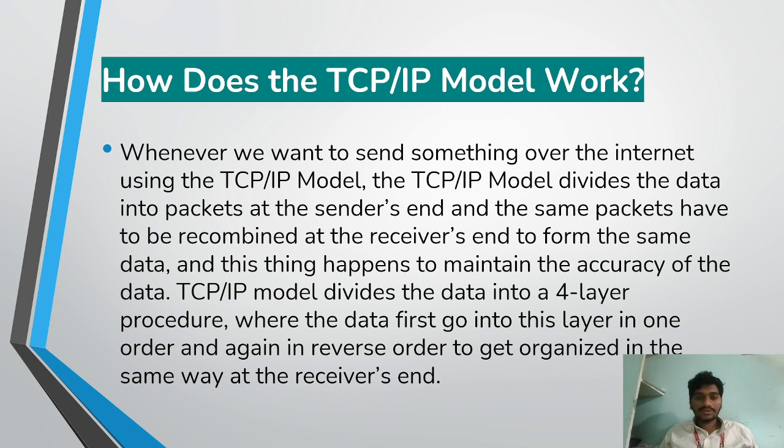This happens to maintain the accuracy of the data. The TCP/IP model divides the data into a four-layer procedure, where the data first goes through the layers in one order, and again in reverse order to get organized in the same way at the receiver's end.